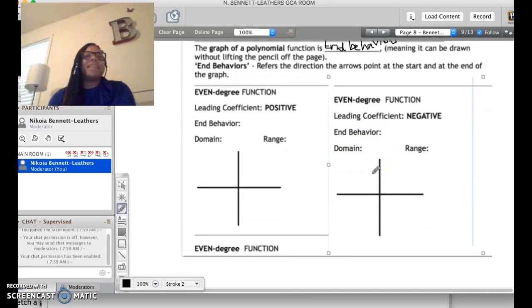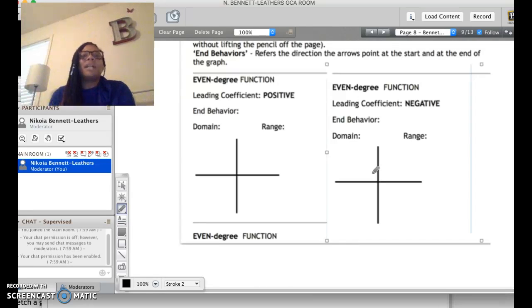Well, we found out that based on the degree of the polynomial, if it was even or odd, and the polynomial's leading coefficient, if it was positive or negative, it affected the end behaviors. So we found out some things about the even degree functions, how their end behaviors behaved.